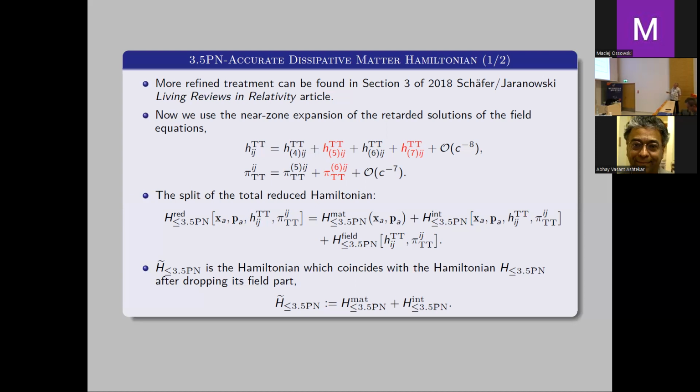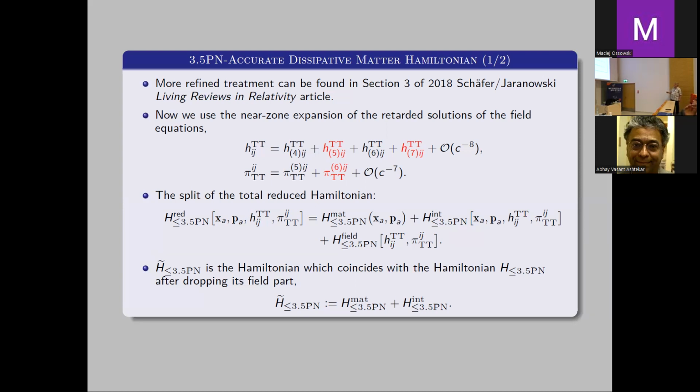And then, as you see, HTT contains some extra terms. For the time symmetric solution, we had only this function and that function. Here we also have functions at odd powers in 1 over c.